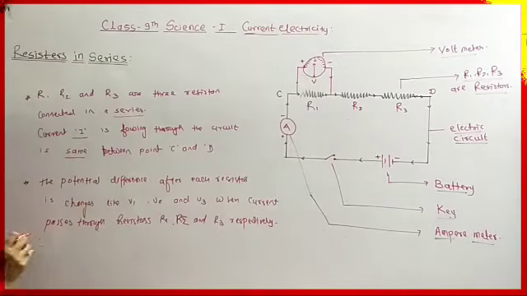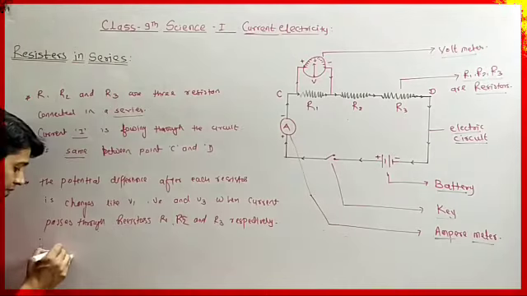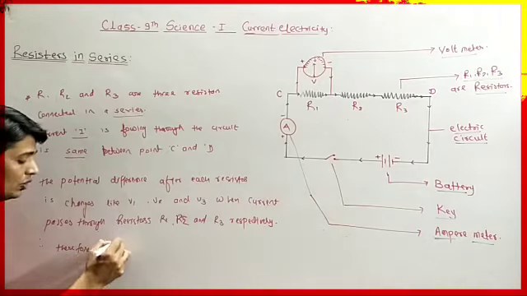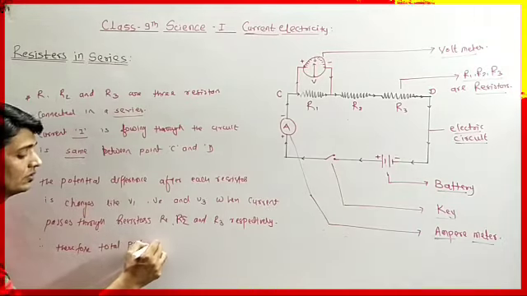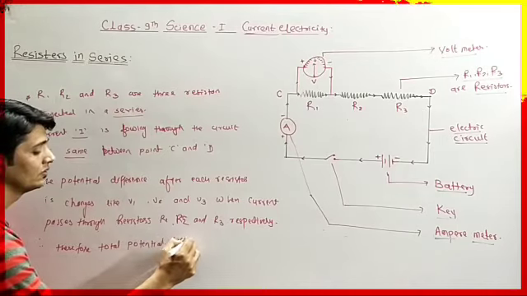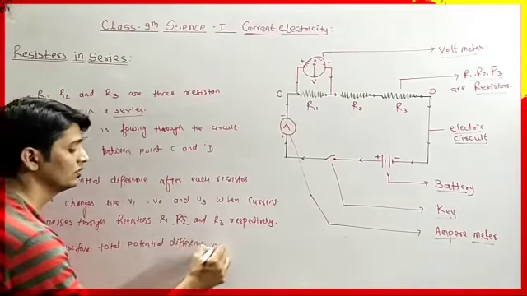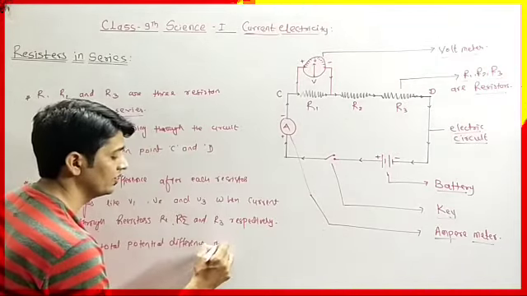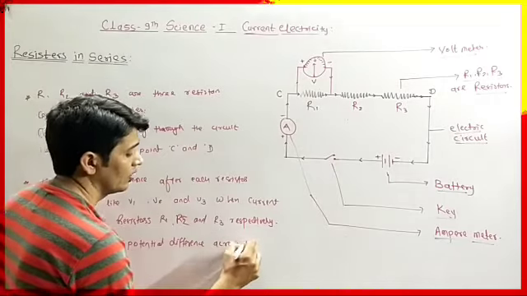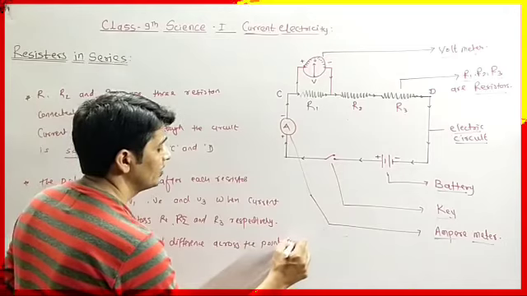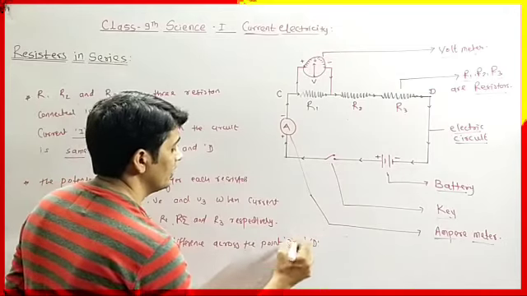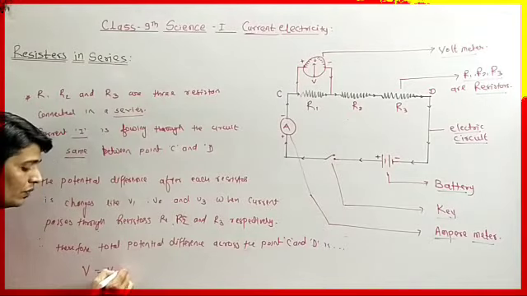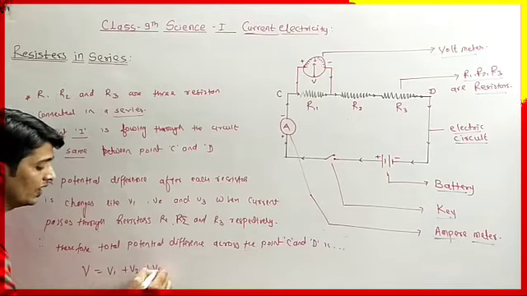Therefore the total potential difference across points C and D is V equals V1 plus V2 plus V3.